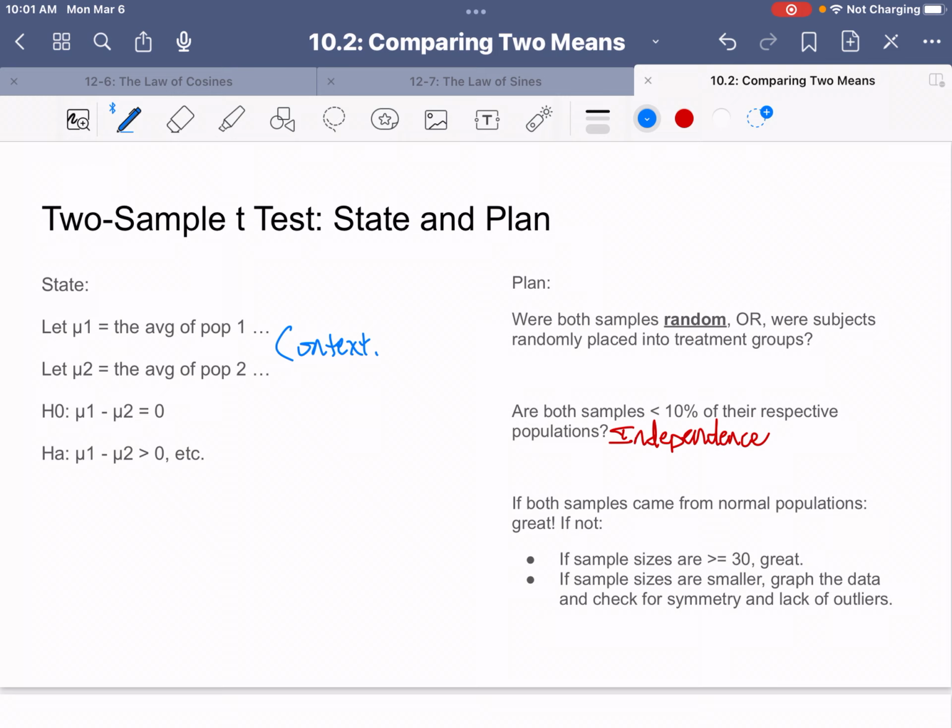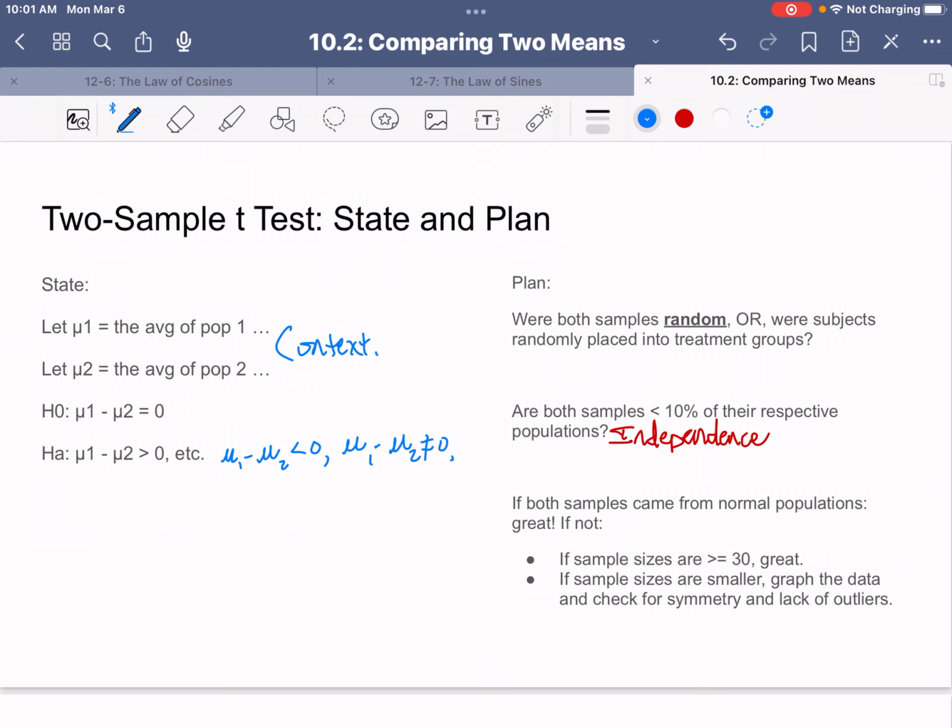And then our null hypothesis will always be mu1 minus mu2 equals 0. And our alternative hypothesis will either be mu1 minus mu2 is greater than 0, or mu1 minus mu2 is less than 0, or mu1 minus mu2 is not equal to 0. You should be used to that by now.